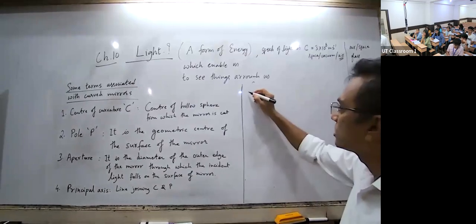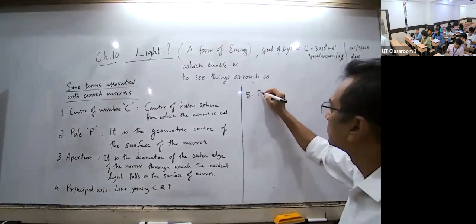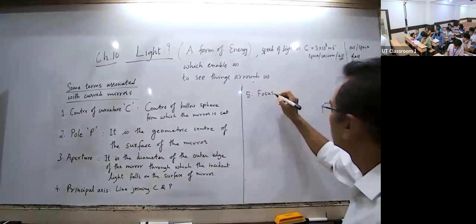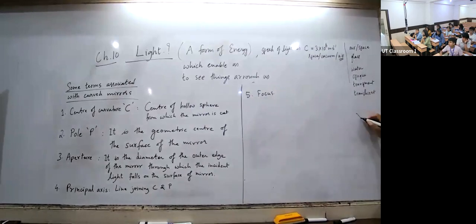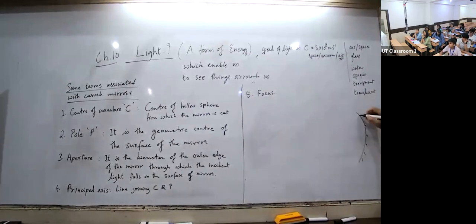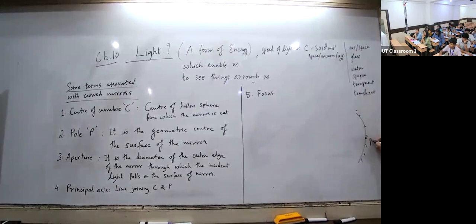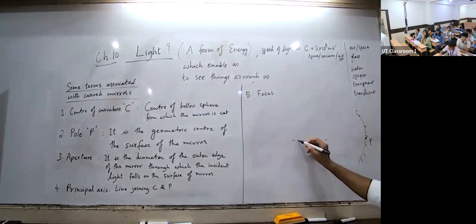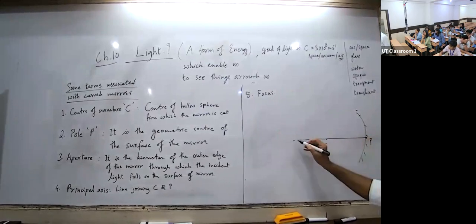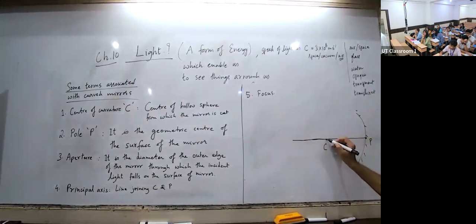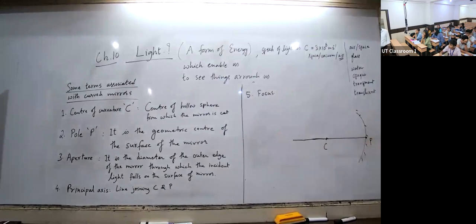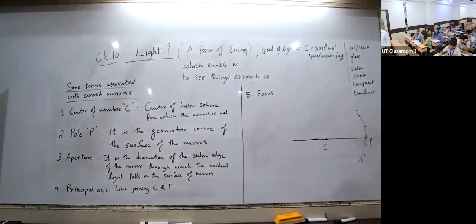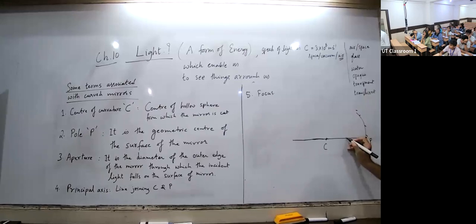Then you have focus. What is focus? Let me draw the mirror over here. This is P, this is C. So this is your principal axis. It can extend on both sides. So focus is the midpoint of C and P.